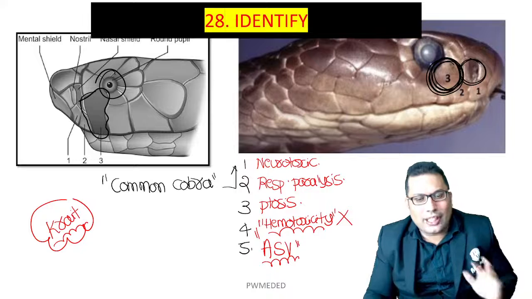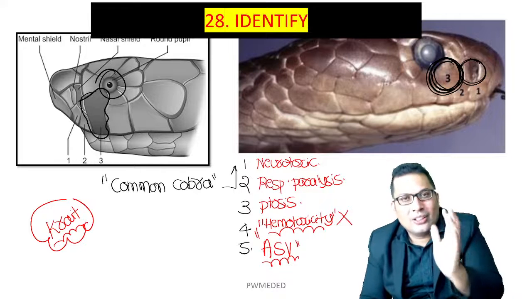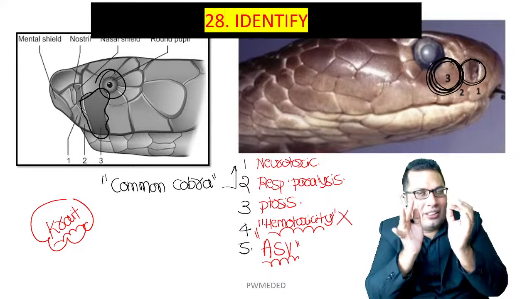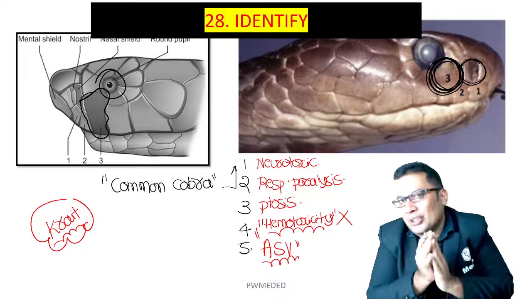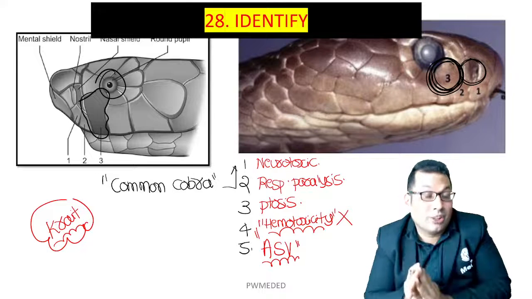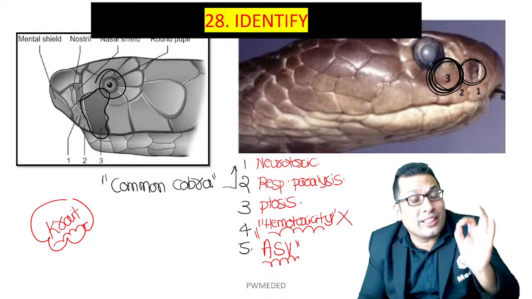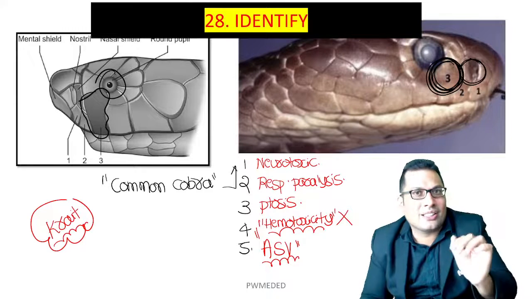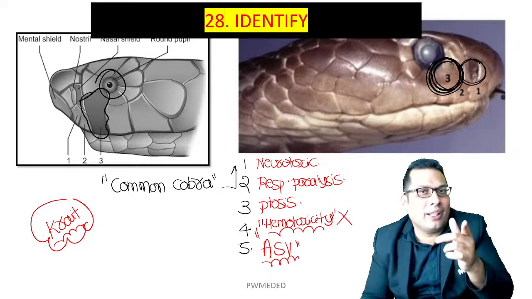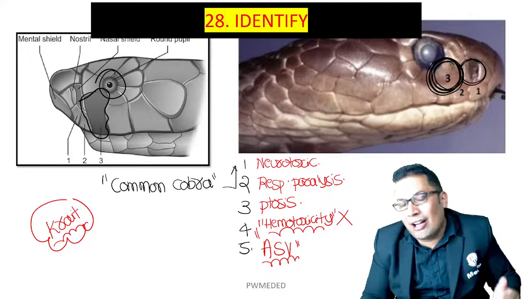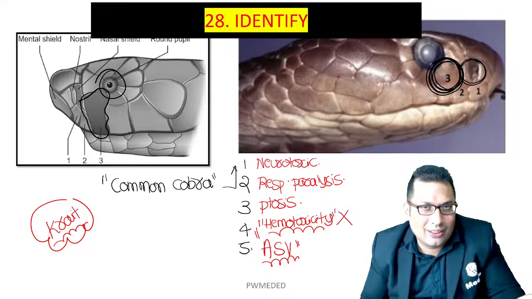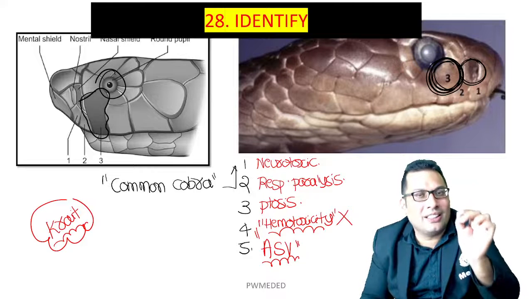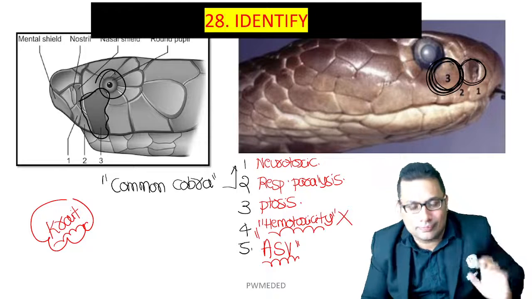So remember, whenever a question asks third supralabial between eye and nostril, your answer should be common cobra. Common krait, fourth infralabial is largest. Vipers are hemotoxic, Elapidae are neurotoxic, Hydrophiidae are myotoxic. Treatment of choice, polyvalent anti-snake venom.